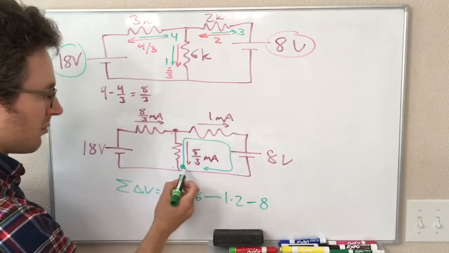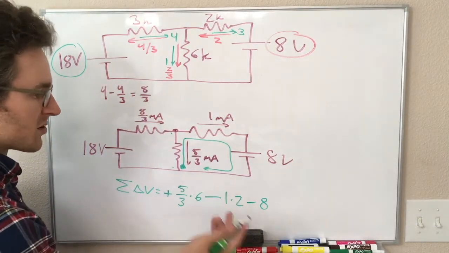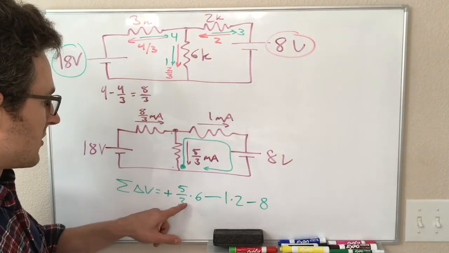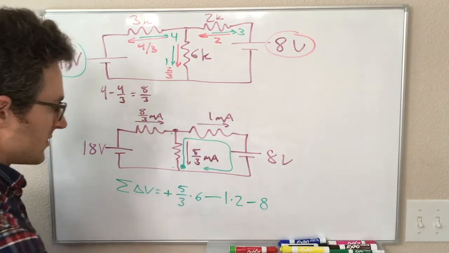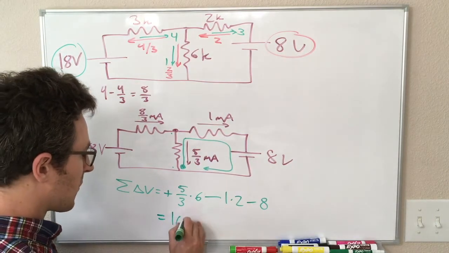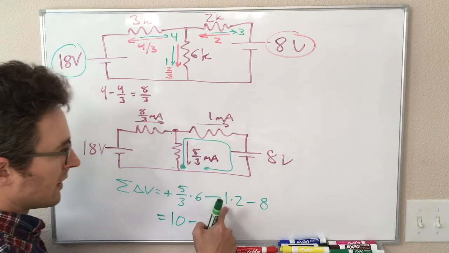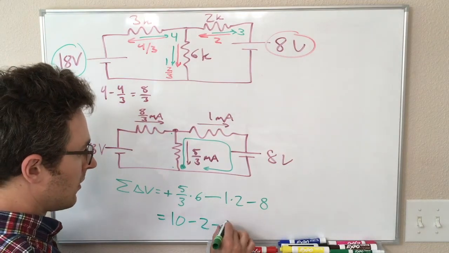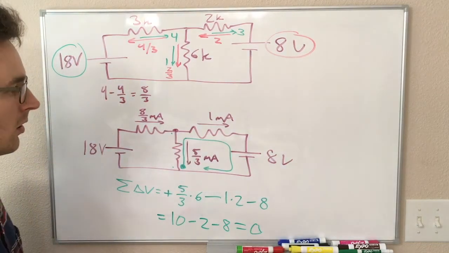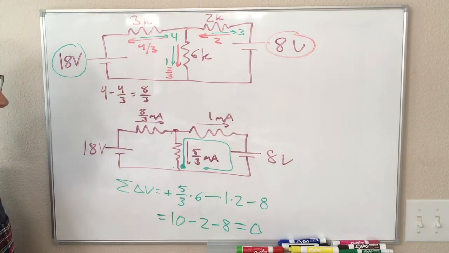And then we end up back where we started. We're connected by a wire. So this is the whole loop around the circuit. So 5/3 times 6 is equal to 10, right? 5 times 6 is 30. So I have 10 minus 1 times 2 is 2, minus 8. And indeed, that does equal 0, just as it should from Kirchhoff's voltage law.